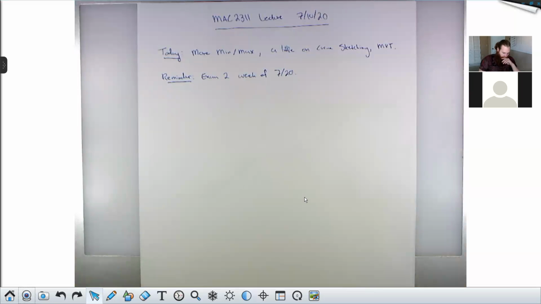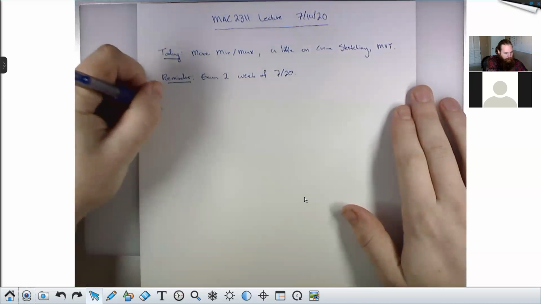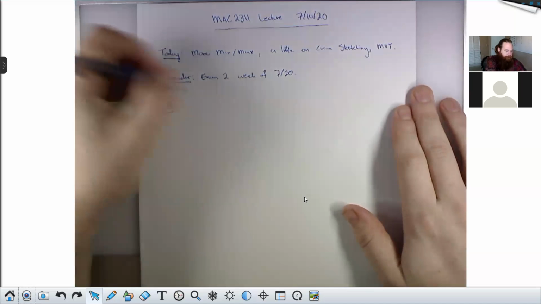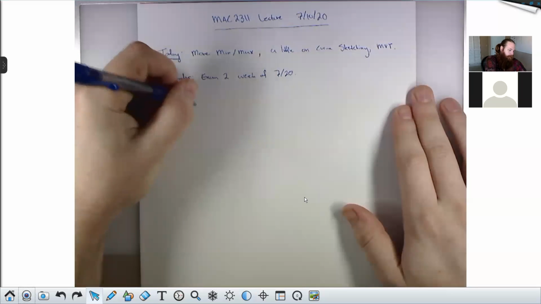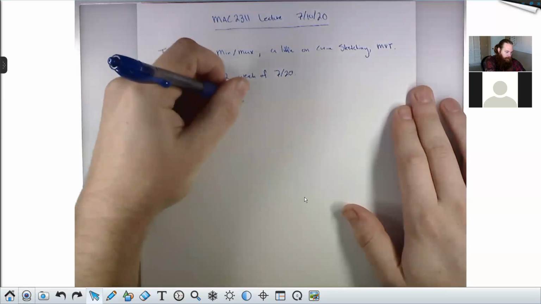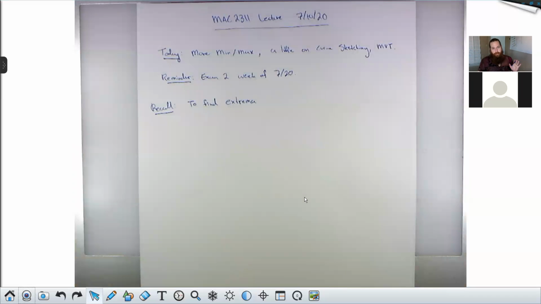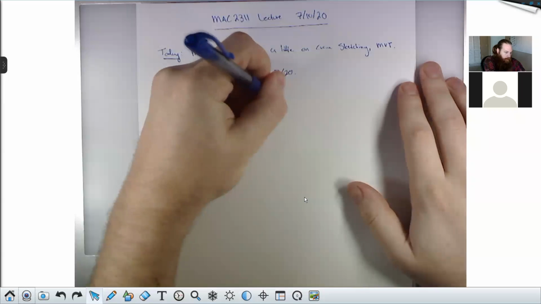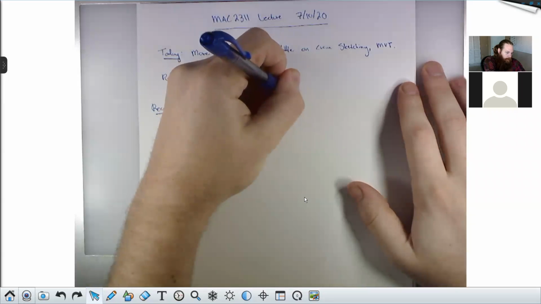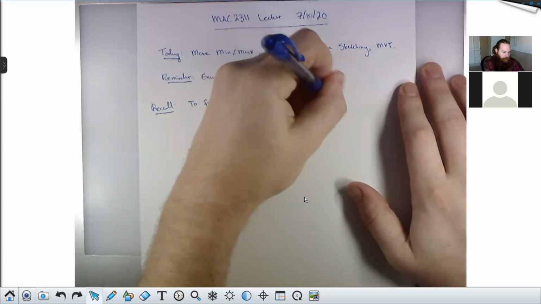I want to remind you of a few of the main things from last time. To find extrema, and remember, extrema is the word for mins and maxes, local or absolute. To find extrema, we set f prime equal to 0.